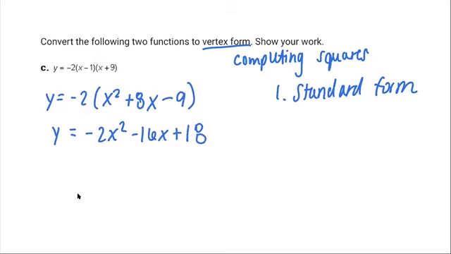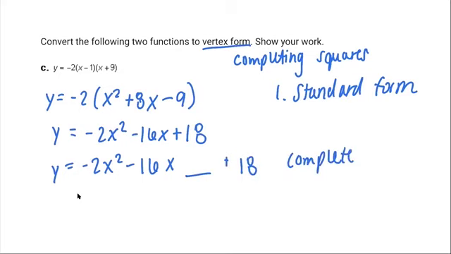And what we can do now is we move over a space, and we keep our plus 18, because this is where we're going to complete the square.